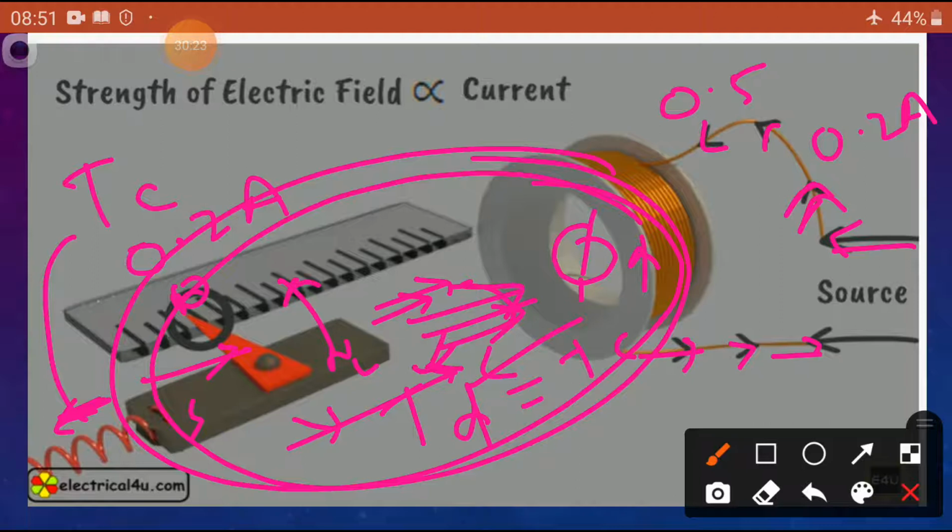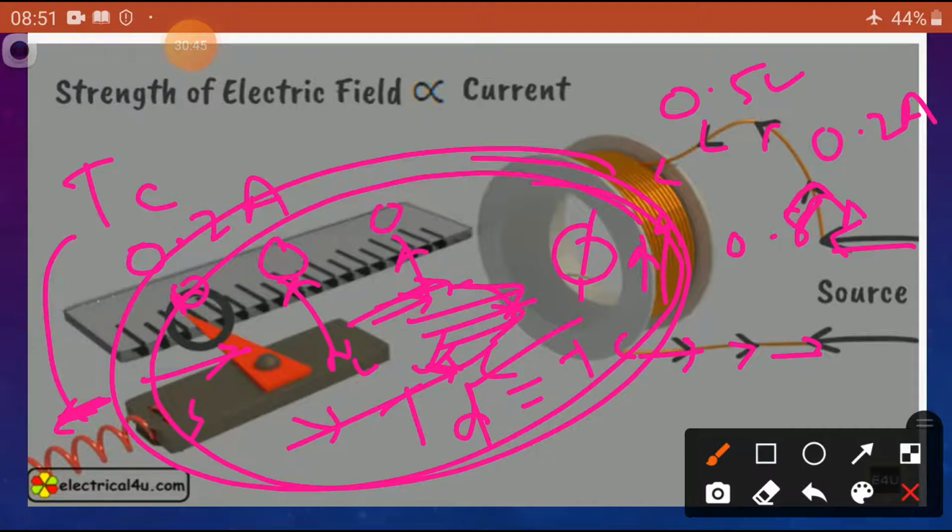Wherever the equilibrium takes place, TD is equal to TC, it will stop. That is the reading, 0.5 amperes. If the current further increases to 0.8 amperes, the flux further increases, TD increases further, and it will try to move in this direction. So this is the reading.